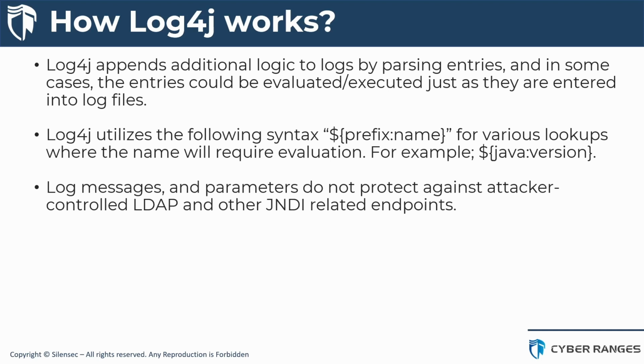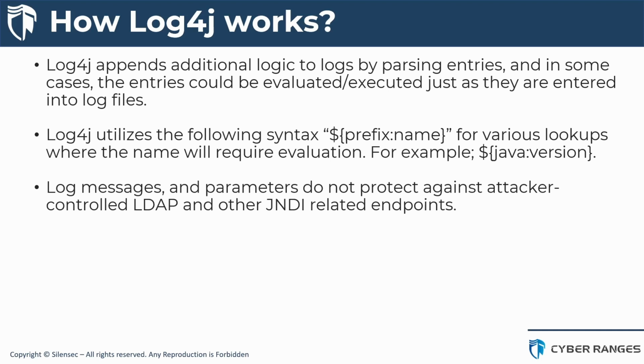In this particular pair, you have the prefix and then the name. In this particular case, name will require evaluation. So that means that anything parsed in as a value of name will be evaluated by Log4j. An example of this is Java version, right, which would obviously display the version of Java.